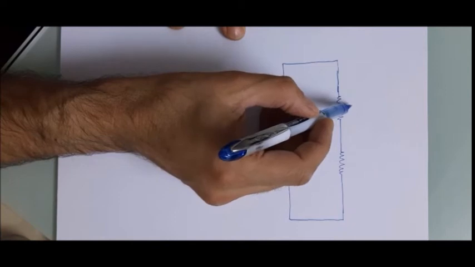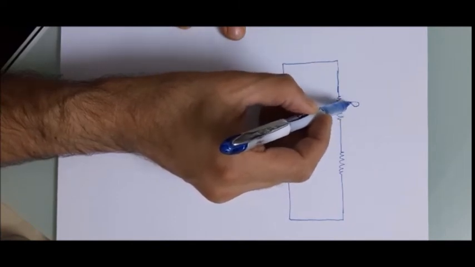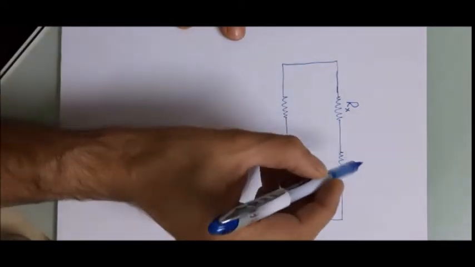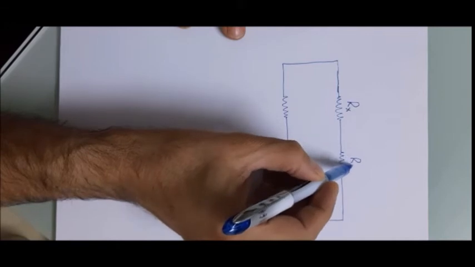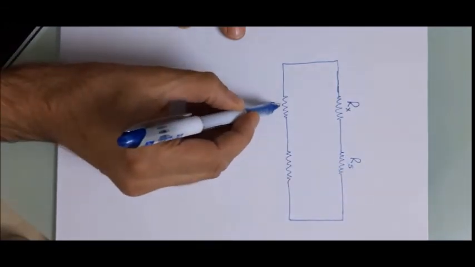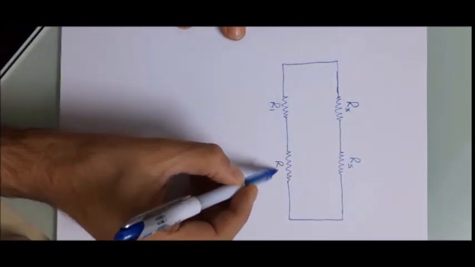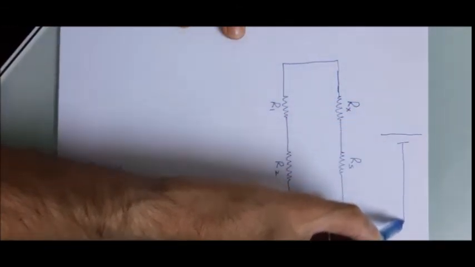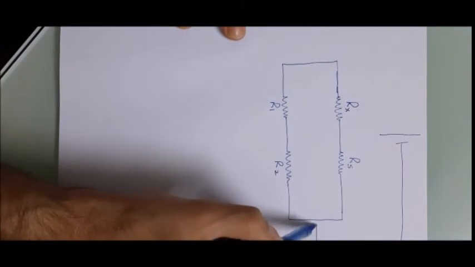One of these 4 resistances is something unknown. Let's say this one, we call it Rx, an unknown resistance. This one is called Rs, this one is called R1, this one is called R2. And we connect the power supply here to supply the current.